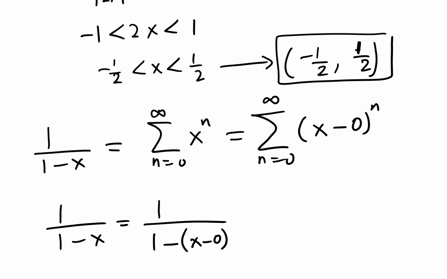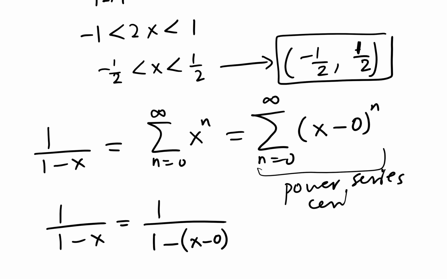So this is the power series. That's how I start the section today. It is a power series centered at 0, right? Why do we need to know it this way?